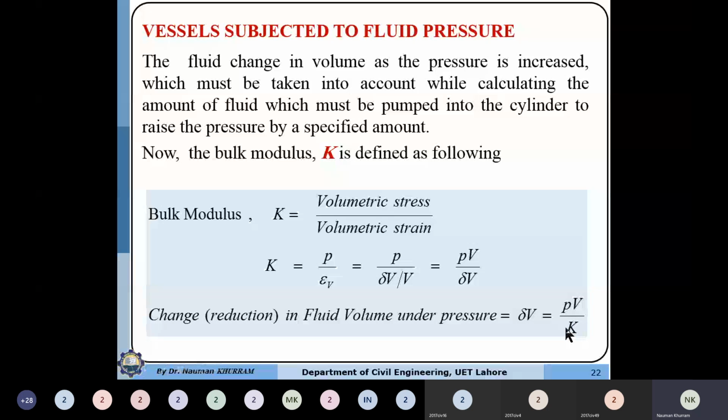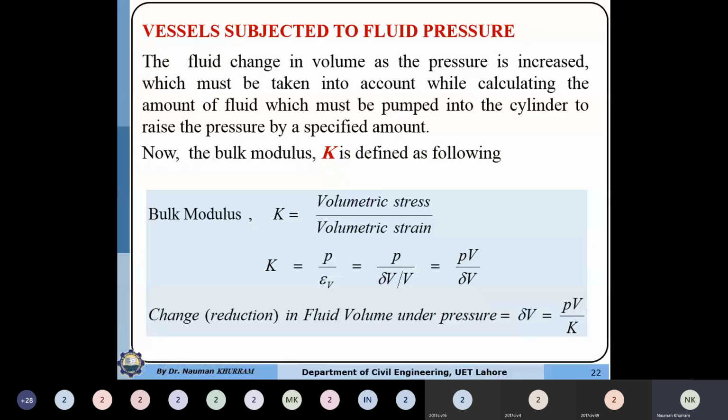For water this value is different, for petroleum it is different, for any other liquid it is different, and for air it is different. So the volume of the fluid will be reduced by this delta V when we are injecting that fluid at a certain pressure into the cylinder. Okay, now please see the next slide where I will explain.